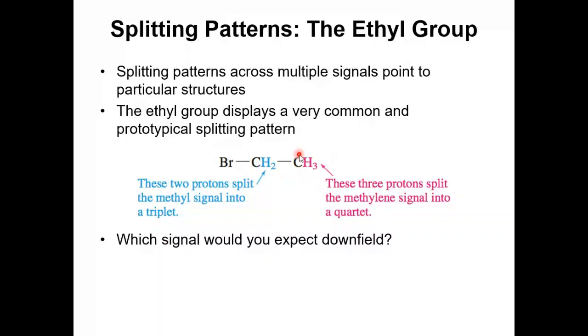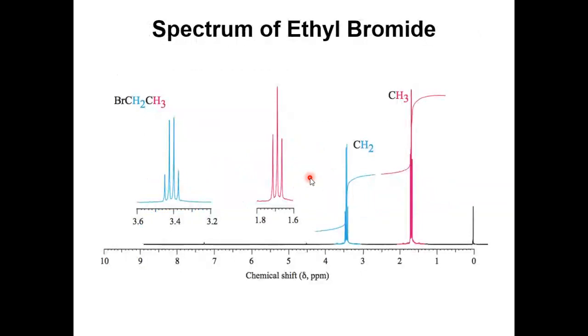So this one should be around 3 something, this one 1 something ppm. And for the peak area, if this one is 2, this one is going to be 3, because more protons give a bigger peak. So that's what we have so far in terms of the number of peaks, chemical shift value, and area.